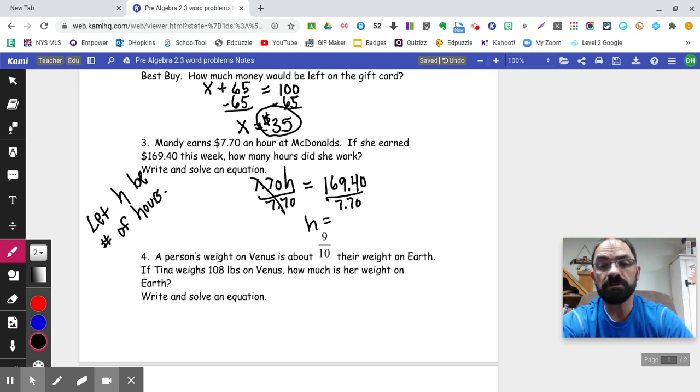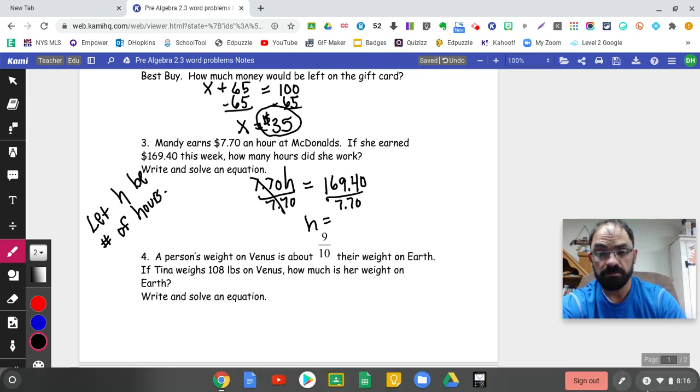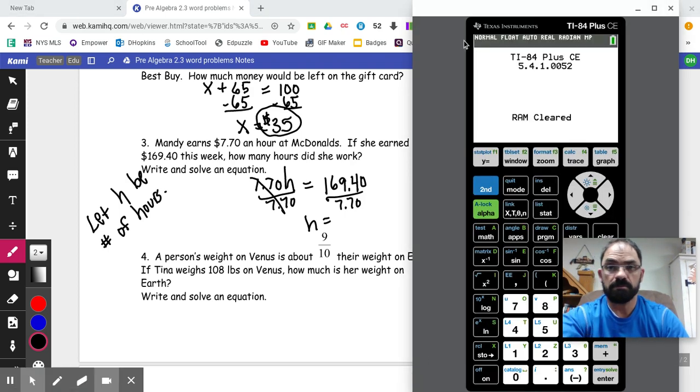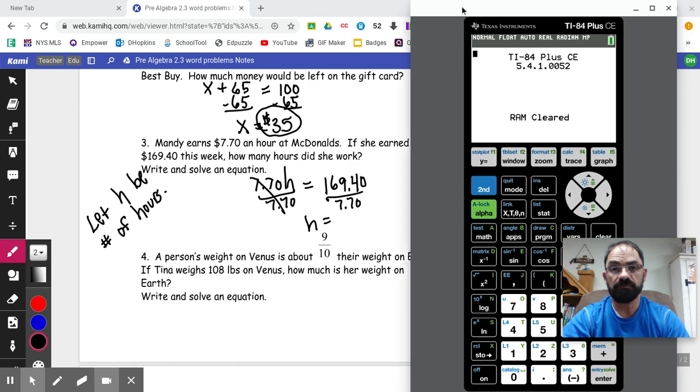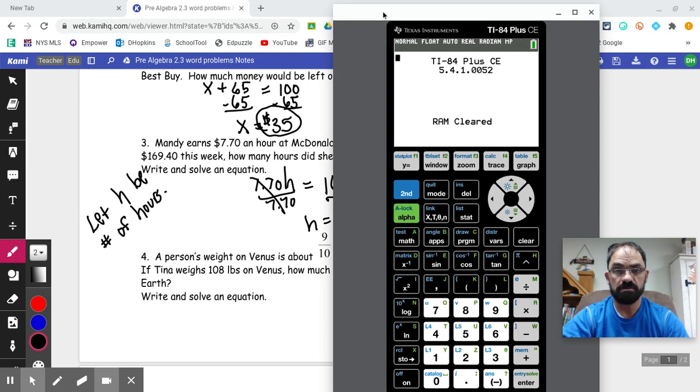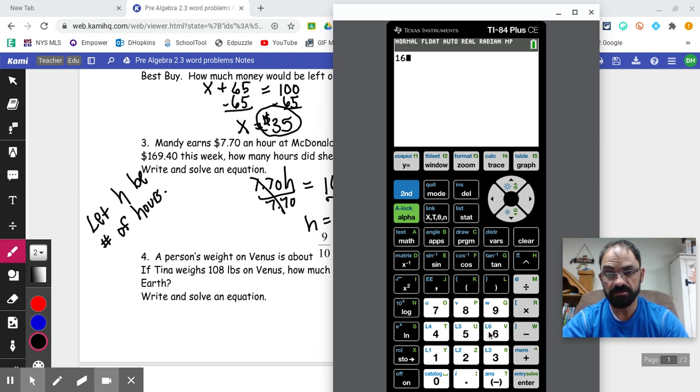So she worked, let's see here. Get out from behind my picture. That was 169.40 divided by 7.70.